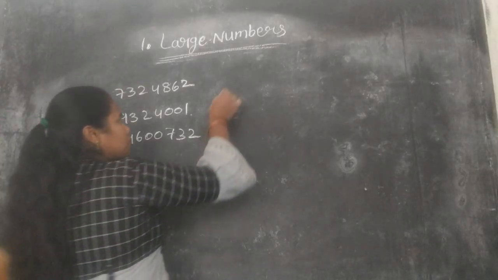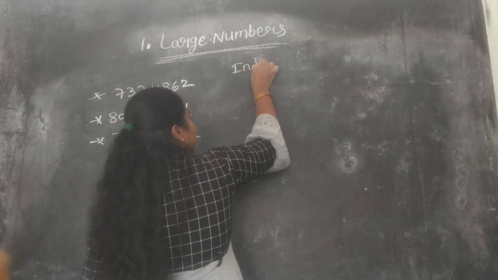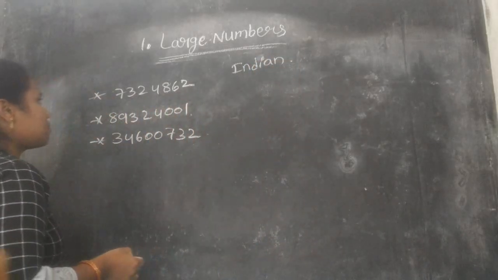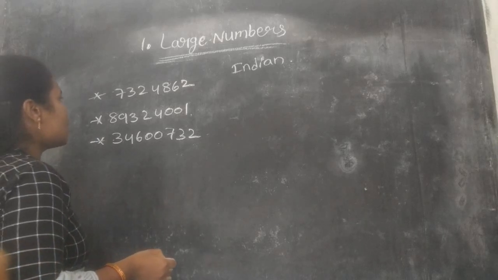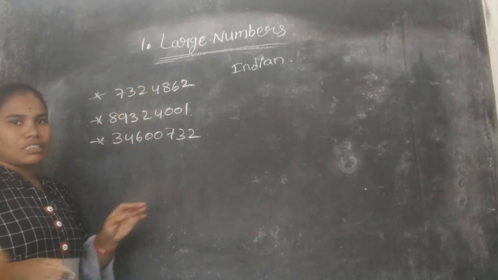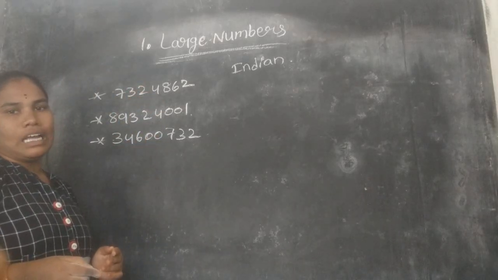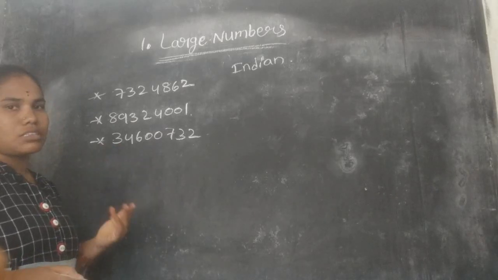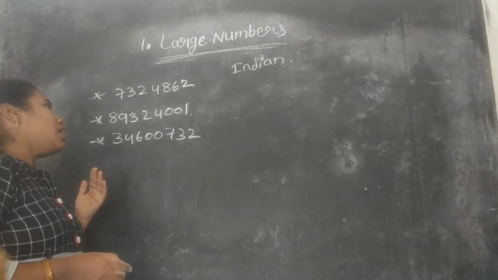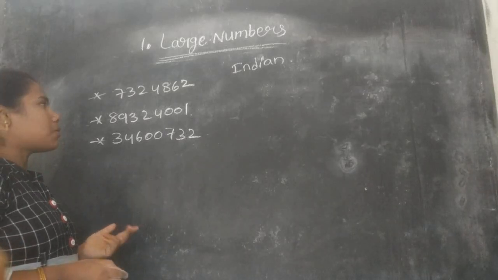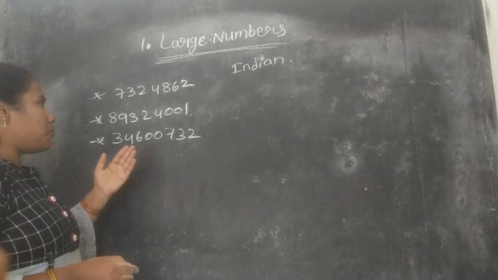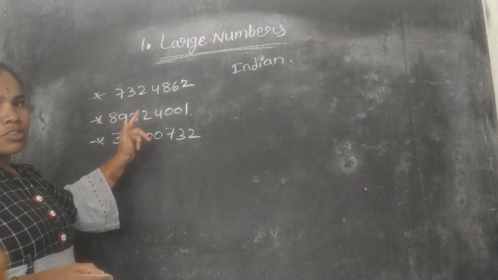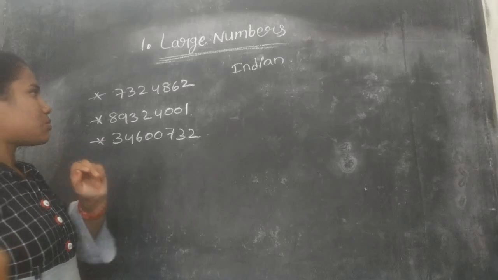First, the Indian system. So in the Indian system, the ones period has 3 place values, and thousands has 2 place values, lakhs 2 place values, crores 2 place values. For that, we have to divide the number into periods. So the first period has 3 place values.